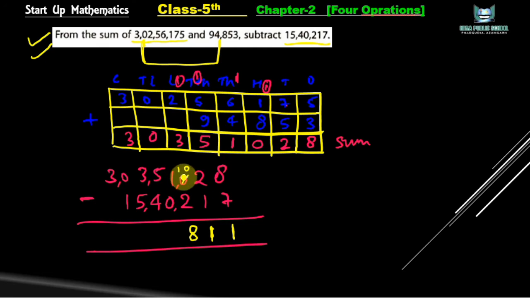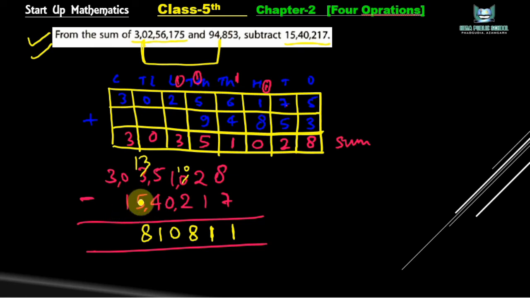So 0 minus 0 is equal to 0. 5 minus 4 is equal to 1. 3 minus 5 we cannot subtract, so we need a borrow. Here we get 13. 13 minus 5 is equal to 8.